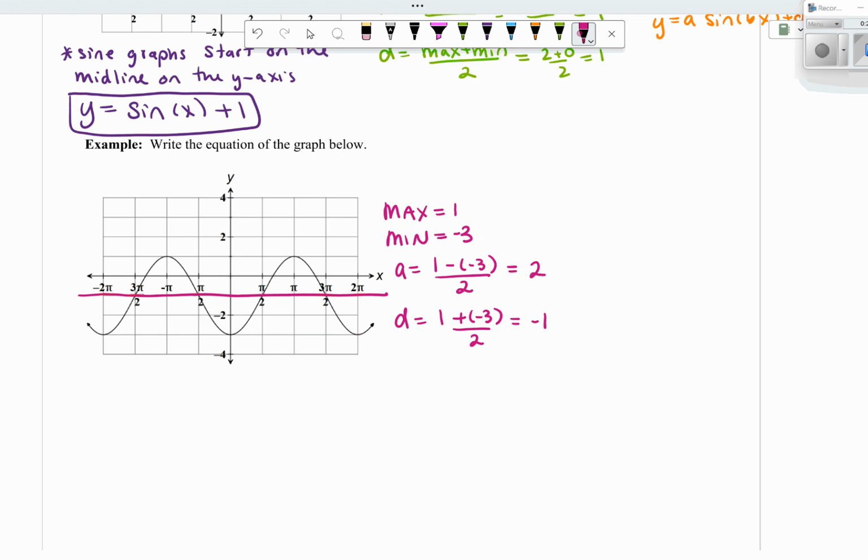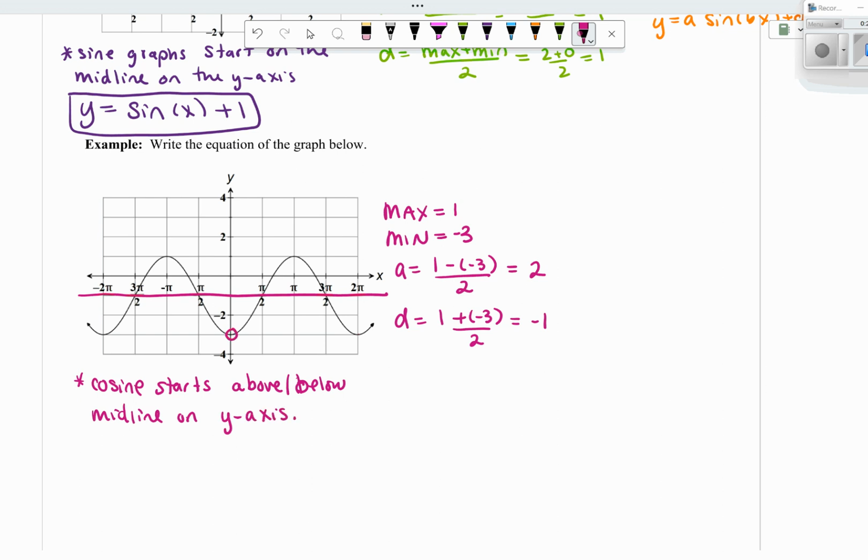And so then notice that our graph on the y-axis is not starting on the midline. We're starting above or below. So cosine starts above or below the midline on the y-axis.